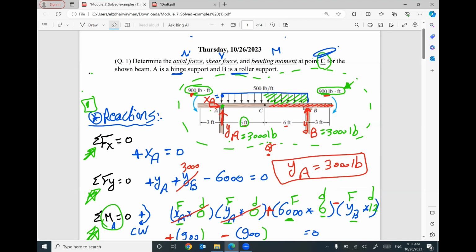If you are a civil engineer or mechanical engineer or industrial engineer or any major of engineer, and I will ask you, hey guys, we have a beam. What is the best location to make a hole in this beam?